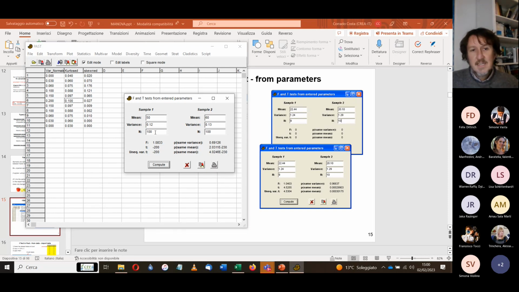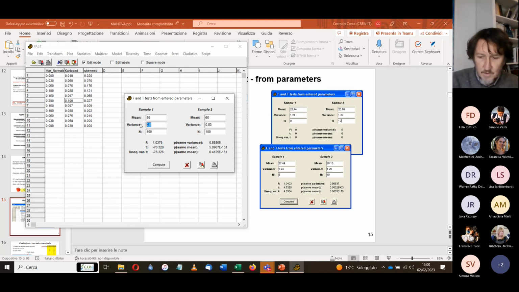Let's try to increase the variance, so 0.8 here and 0.83 here. We are just playing with this tool just to observe what it means. Compute.